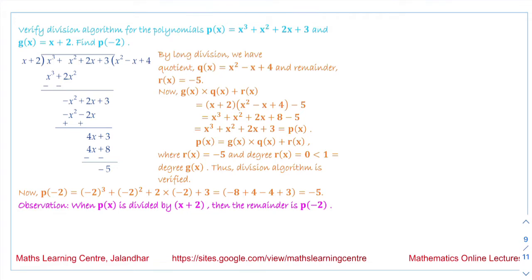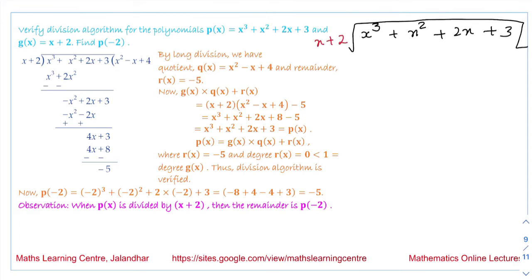So to verify the division algorithm, we are going to write this polynomial, x cube plus x square plus 2x plus 3, and we are going to divide this polynomial by another polynomial, x plus 2.